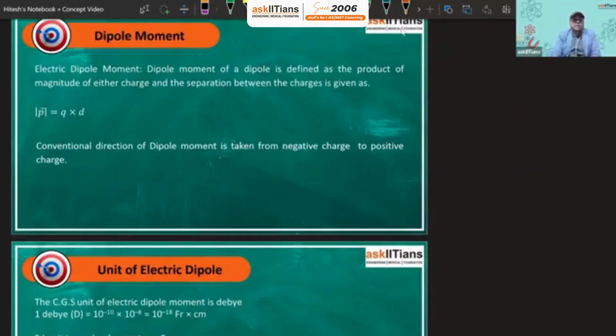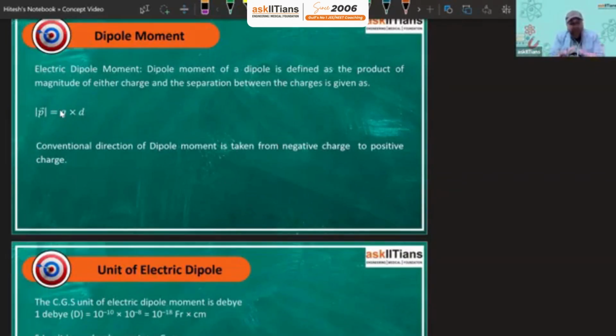All right. Then we have electric dipole moment as the physical quantity. We have discussed the direction of it, but what is the magnitude of electric dipole moment? What does this physical quantity signify, and what does it consist of? It is a combination of the magnitude of one of the charges, so we have +q and -q, we just take the q, and we multiply it by the separation.